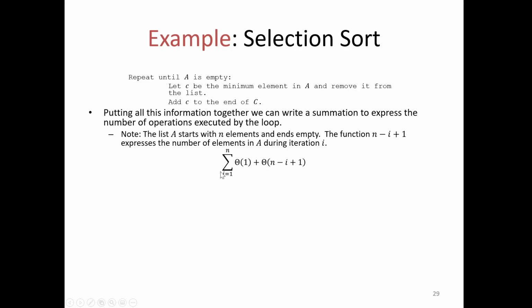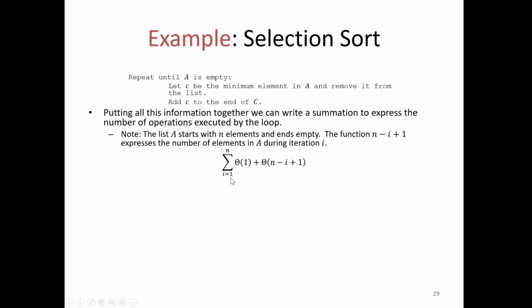Now i is the variable we're iterating over, and because it appears in my formula here negative, that means as i gets bigger, as our iterations continue, this value gets smaller, the total value gets smaller. And we start here at n plus 1, but notice in the first iteration i is equal to 1, so the 1's cancel out, and in our first iteration we end up having here theta of n.